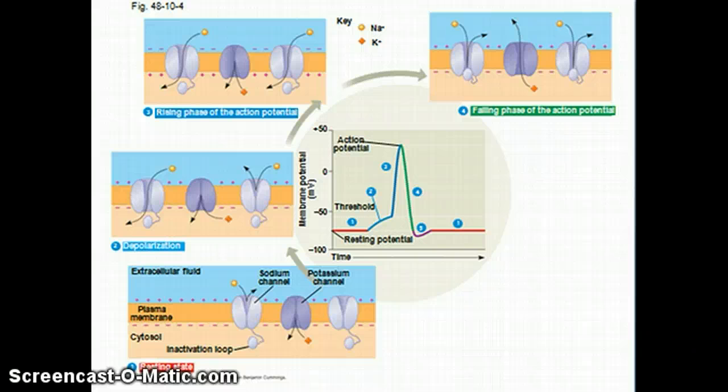So here we had depolarization, and in here we have repolarization occurring. Repolarization means that potassium is leaving the cell through those open potassium channels. And you can see the sodium channels, the light gray ones, have closed their gates, so no more sodium is entering the cell.